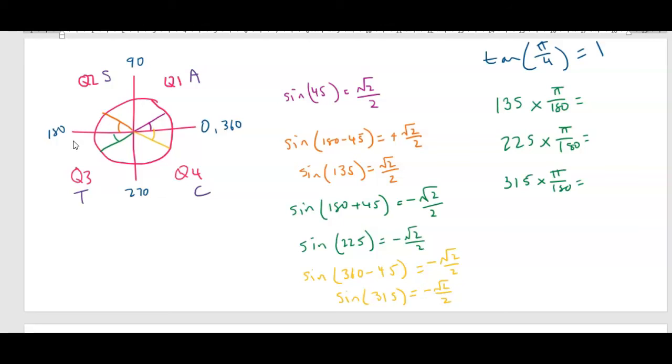Okay. So we're basically simplifying this fraction. So 135 pi over 180. How many times does 45 degrees go into 135? It's 3. So 3 pi on 4. 225 degrees, so 225 pi on 180.